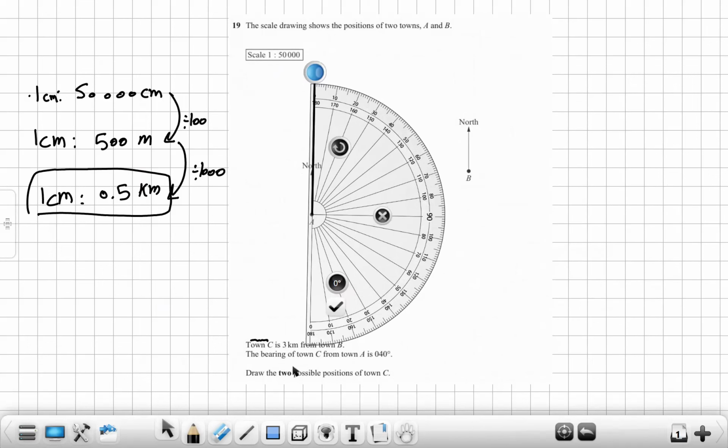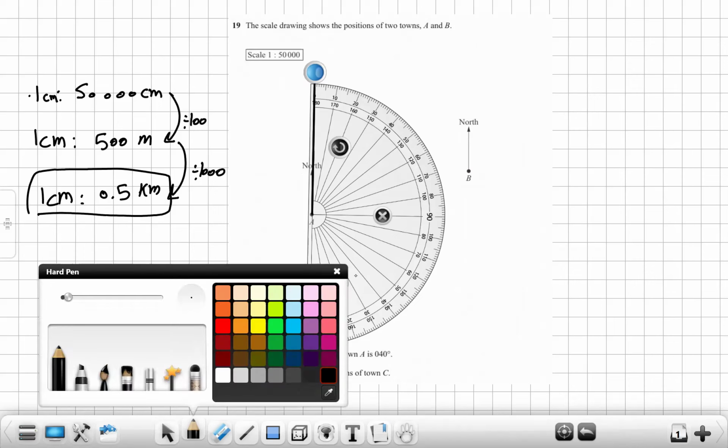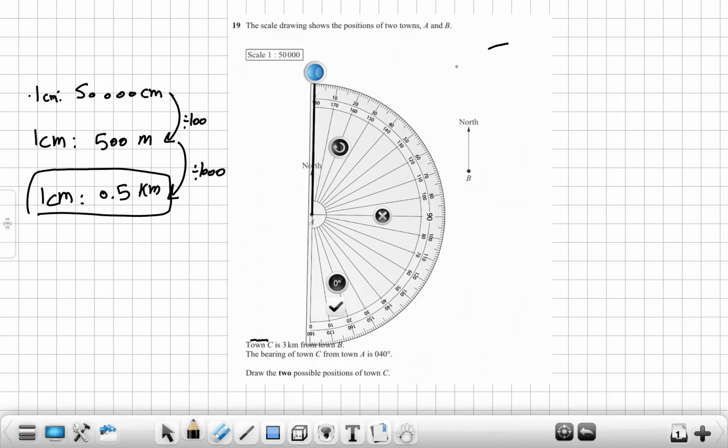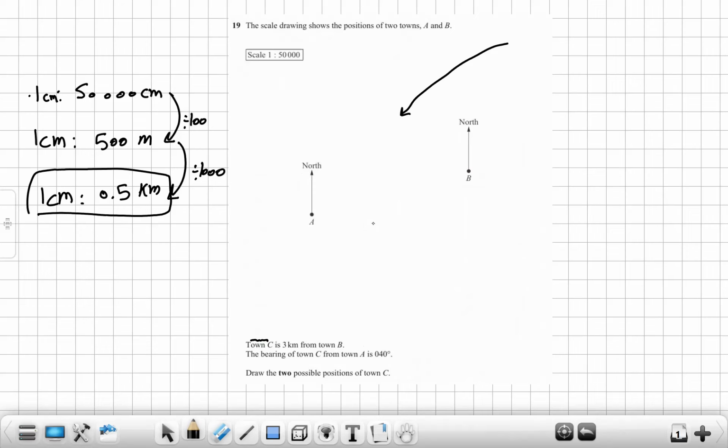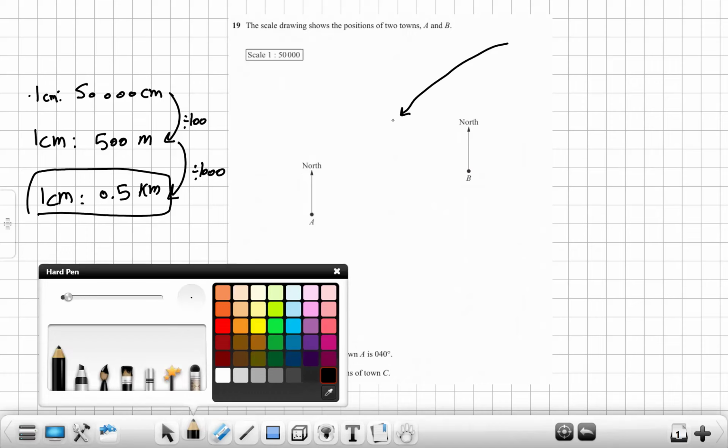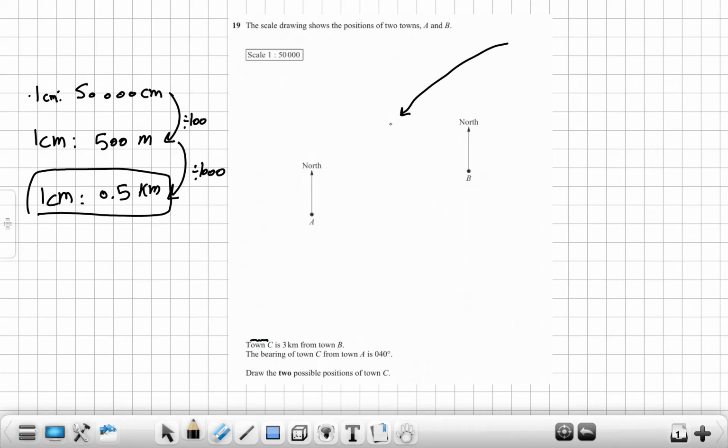I'm going to measure 40 degrees, which is here, this direction, right? 40 degrees from town A, which is here. Here is the 40 degrees. Okay, I'm going to put this away. This is the bearing of town C from town A. I'm going to put a point and erase my arrow.